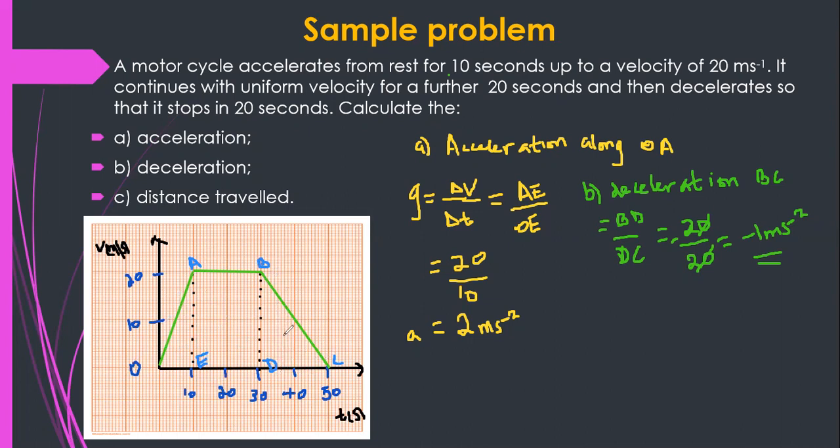But I think that is just a waste of time. If that is what you understand, feel free to do that. But the shortest route is to look at the shape you have. Since it is a trapezium, you just apply the formula of a trapezium to calculate the area, and that will give you the distance traveled.